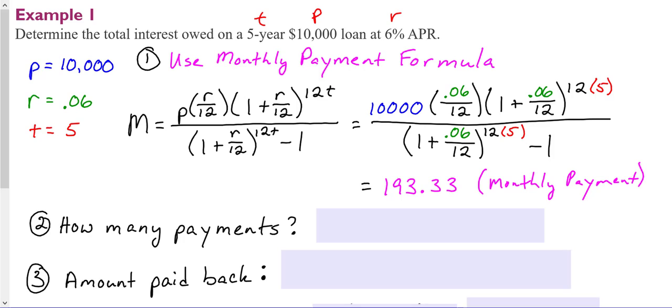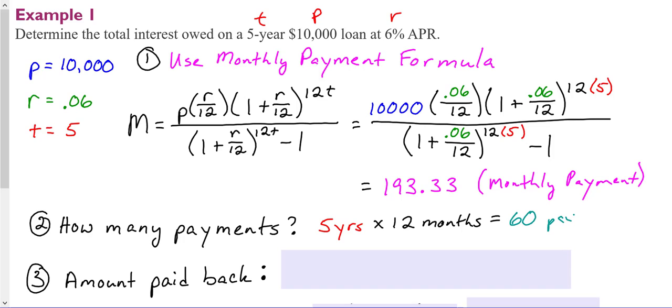You do that by taking your monthly payment and multiplying it times the number of payments you make on the loan. If it's a monthly payment and a 5-year loan, we take our 5 and multiply it times 12 months, because there are 12 months in a year. That tells us we would make 60 payments over the life of the loan.